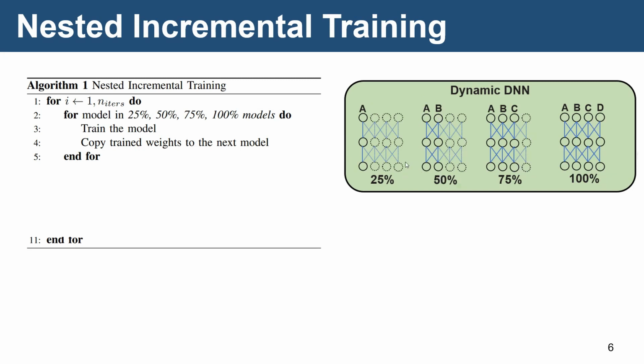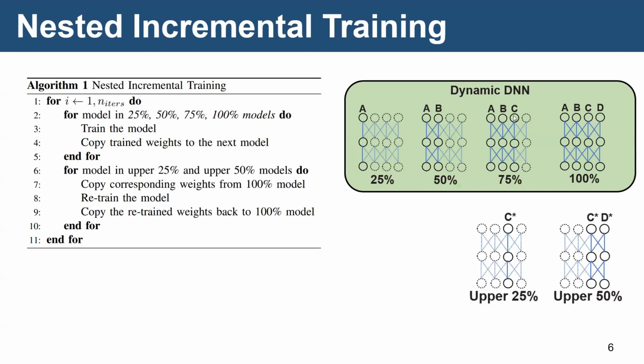So the core of nested incremental training is to copy the upper 25% weight, retrain this part, and treat it as an individual new 25% model. Then we copy this pre-trained 25% model to the upper 50% model.